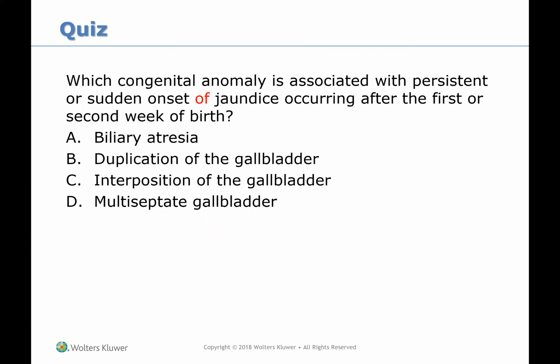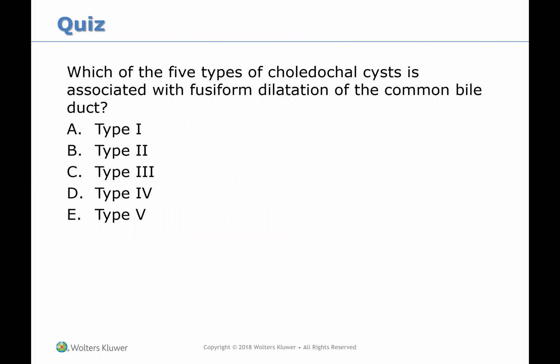Which congenital anomaly is associated with persistent or sudden onset of jaundice occurring after the first or second week of birth? If you said biliary atresia, you are correct. And which of the 5 types of choledochal cyst is associated with fusiform dilatation of the common bile duct?